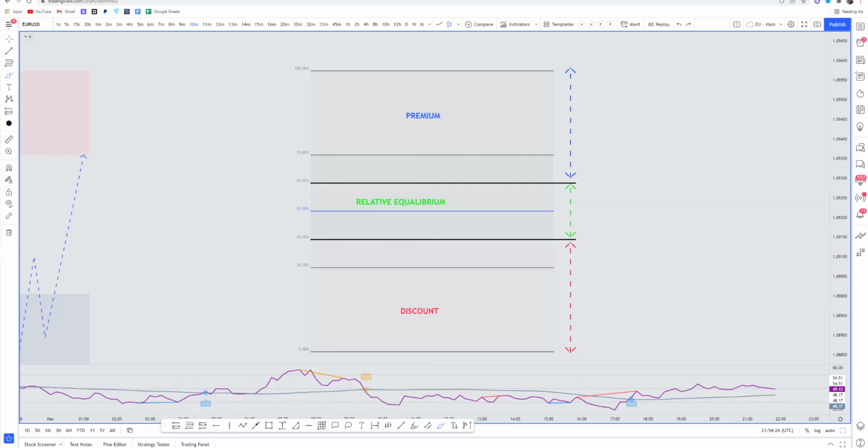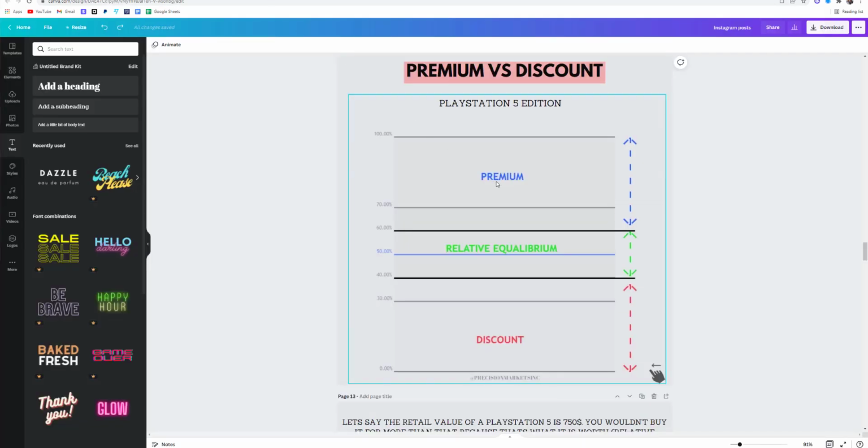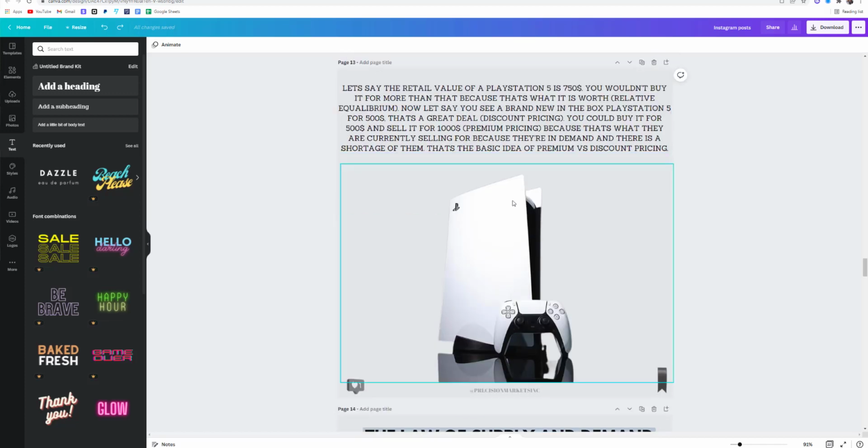So to explain this a little bit further, let's look at the same example, and let's talk about it in a sense of a PlayStation 5. Let's say the retail value of a PlayStation 5 is $750. You wouldn't buy it for more than that because that's what it's worth, relative equilibrium. Now let's say you see a brand new in the box PlayStation 5 for $500.